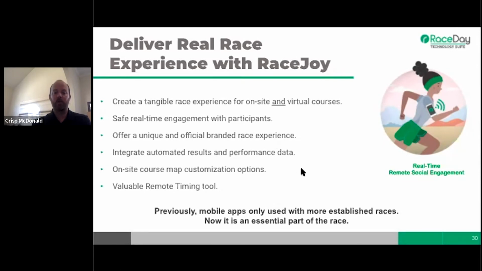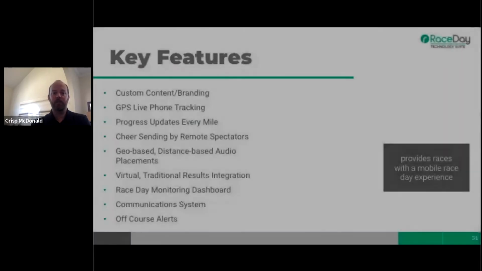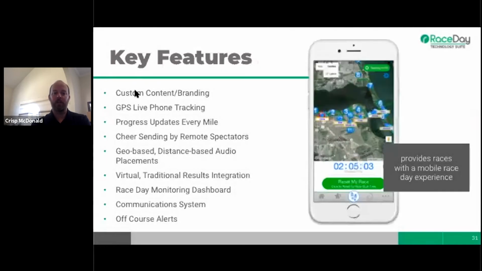And you can also integrate this in with results, and then it gives you an idea of where people are on course, which I believe that remote monitoring and timing tool is invaluable. So some of the key features, like we talked about, the custom content branding, the GPS live phone tracking, progress updates.